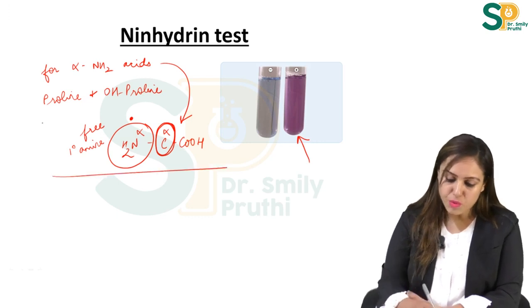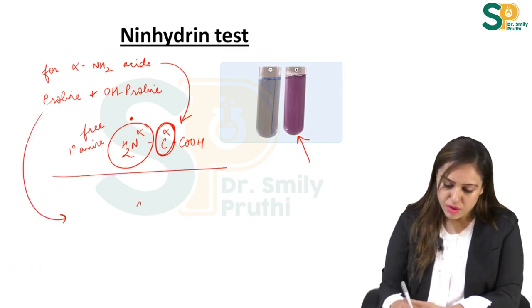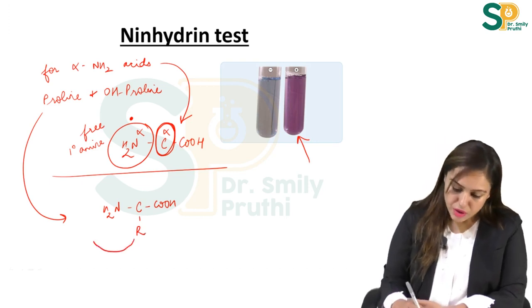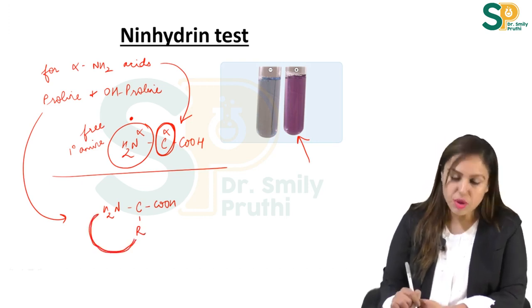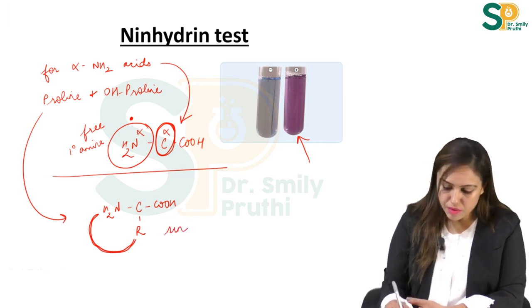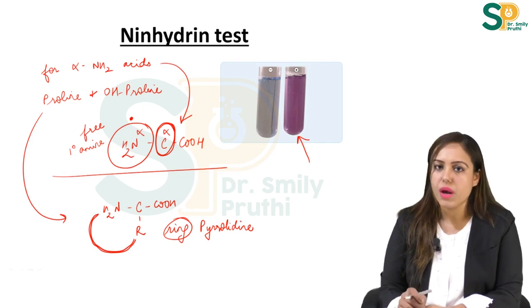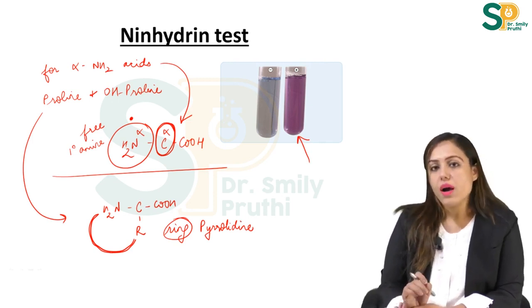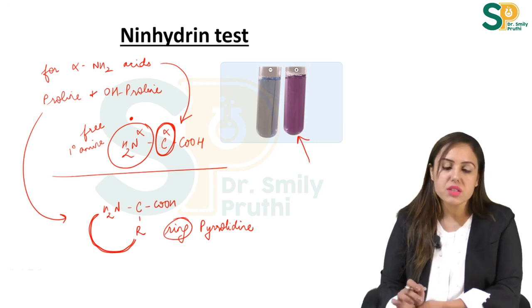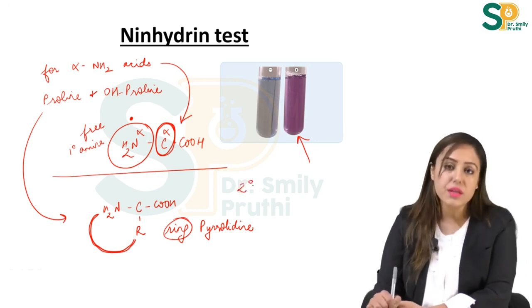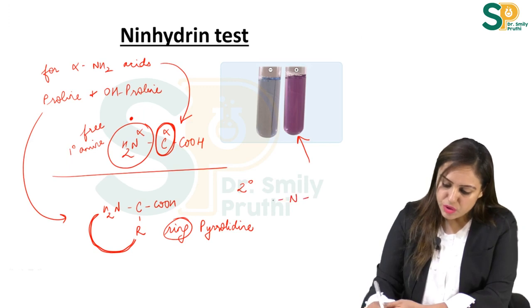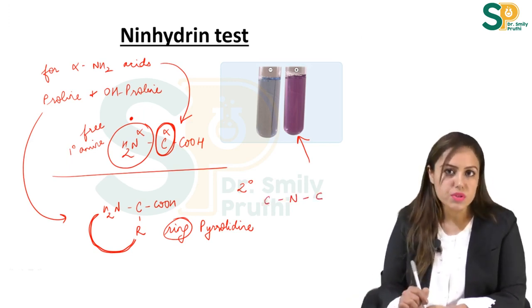But in case of proline and hydroxyproline, what happens is that this is the amino group, this is the side chain of proline. The side chain of proline is attached to this amino group, making a ring structure called pyrrolidine ring, right? So I will say that this amino group is a secondary amine because nitrogen is attached to two carbons.